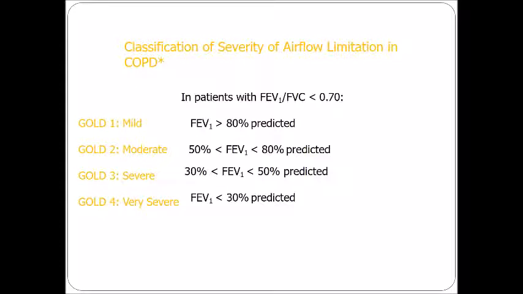So you will require the finding of FEV1. If it is more than 80%, it is mild. If it is between 50 to 80%, it is moderate. If it is between 30 to 50%, it is severe, and less than 30% is very severe.